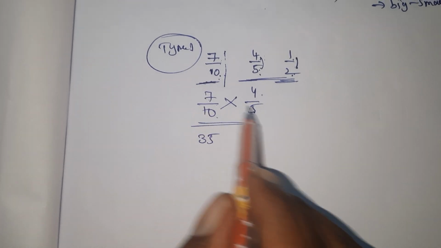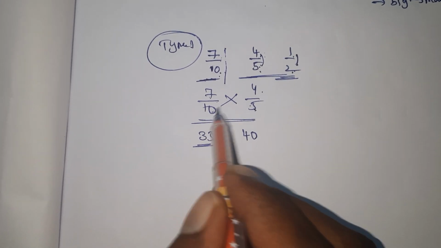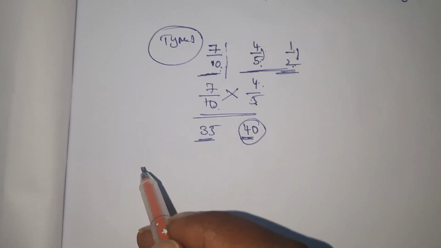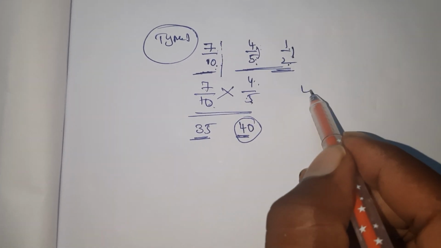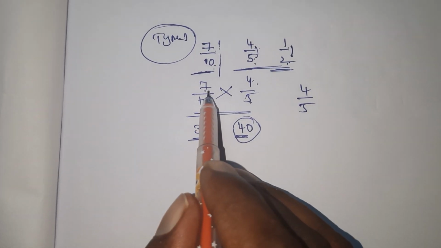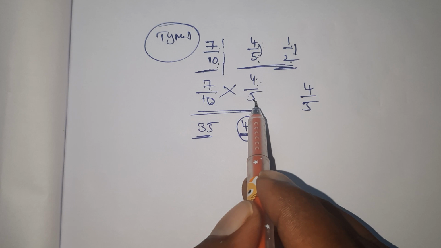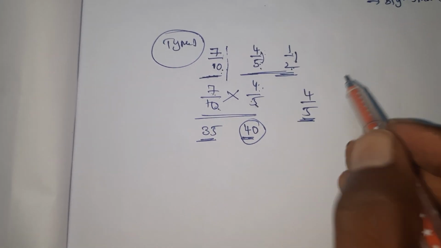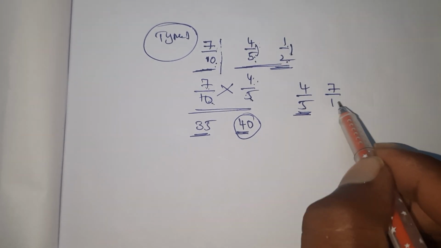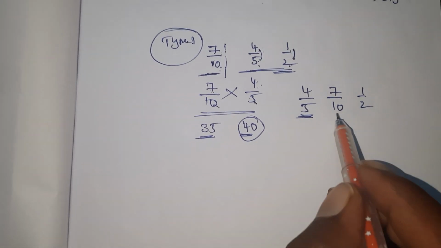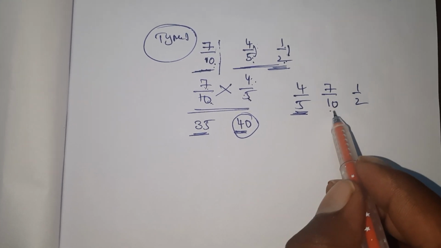Okay, 7 fives are 35, 10 fours are 40. Which number is more? 40 is more. So that's why 4 by 5 is a higher fraction than 7 by 10. So 4 by 5 is the highest fraction. Next, 7 by 10 is the second highest fraction. Next, 1 by 2.